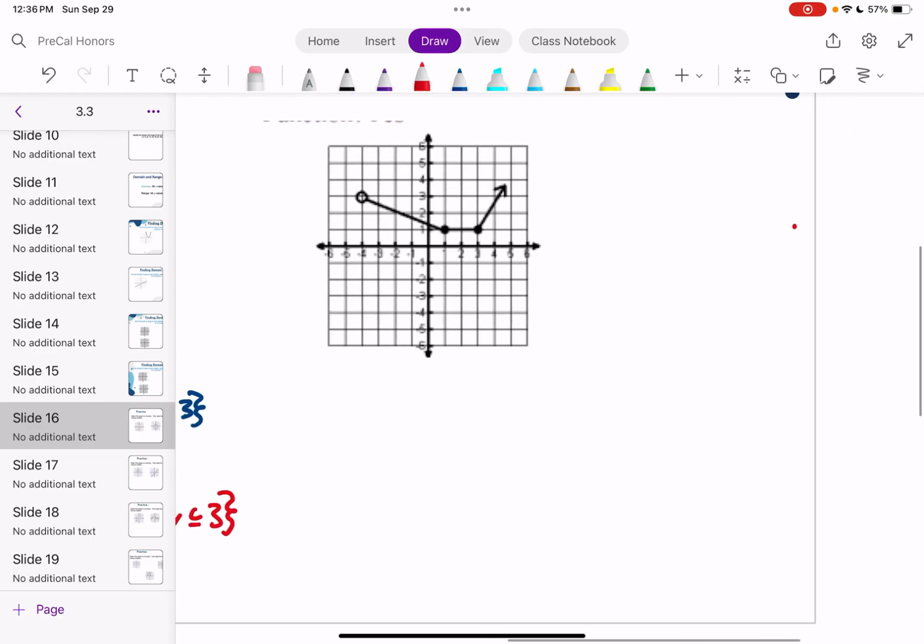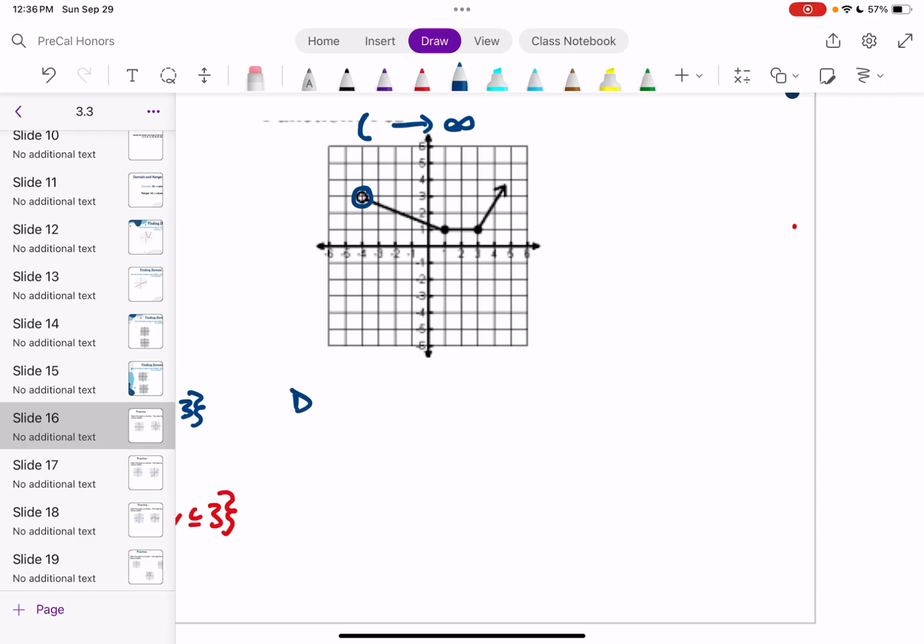Our last example for this slide, our domain would be from -4. Now keep in mind, the -4 itself would not be included because we have an open circle, and it would continue to go towards positive infinity.